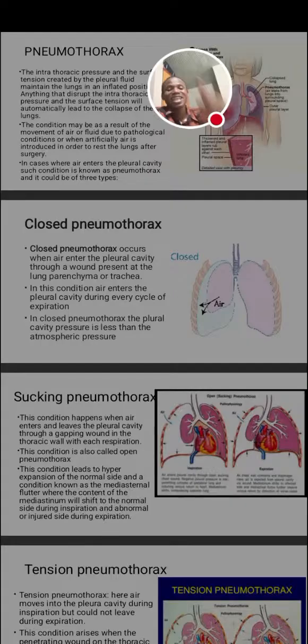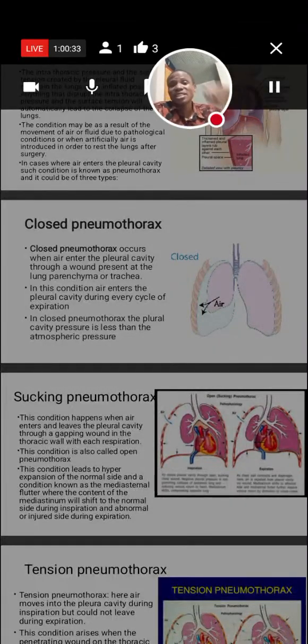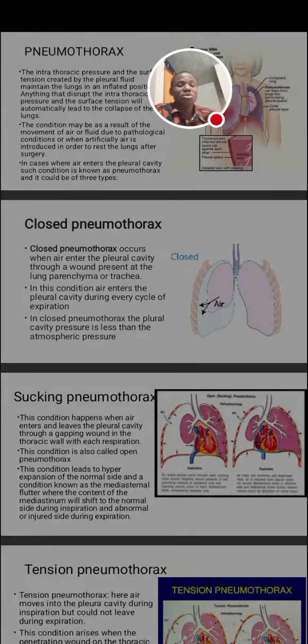So what is inside the heart? It is pleural. Most heart pains, most shortness of breath, we can see that it's not really a small thing. It can be caused by wounds in the parenchyma of the lungs or the trachea. That is closed pneumothorax. It can be caused when there is a wound on the thoracic cavity and air enters.